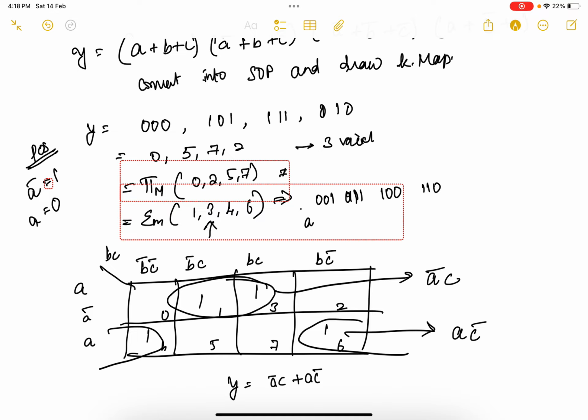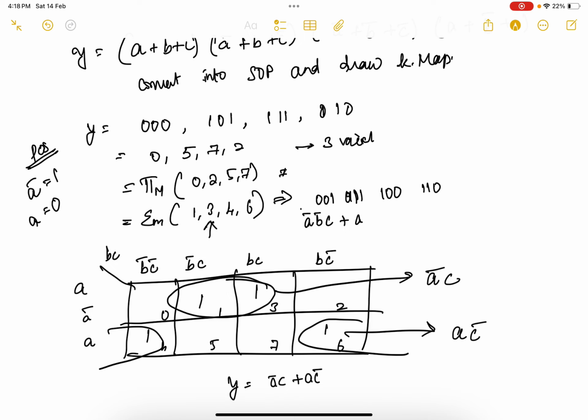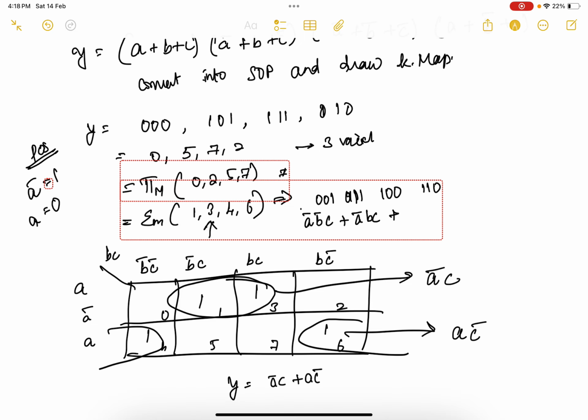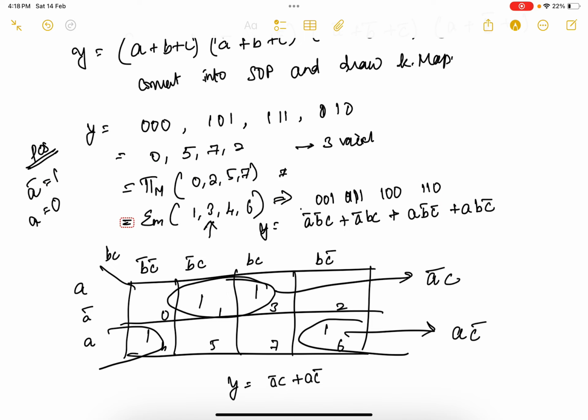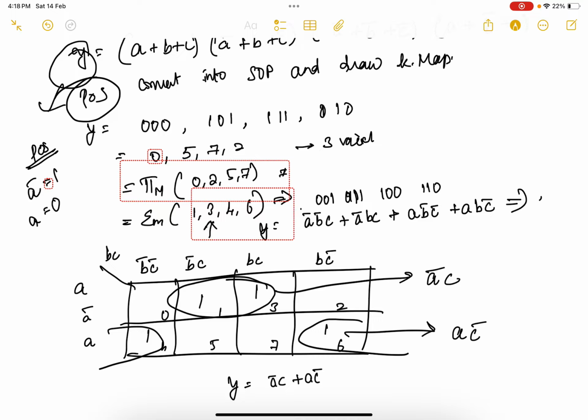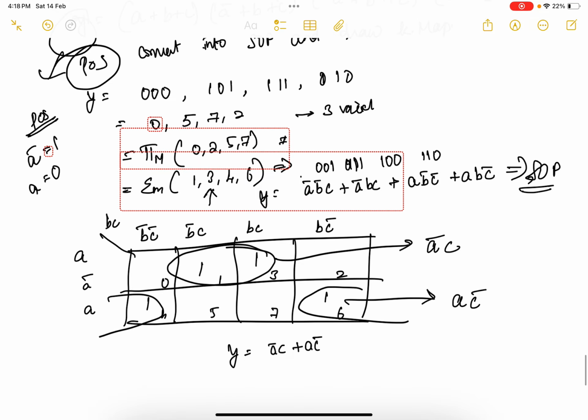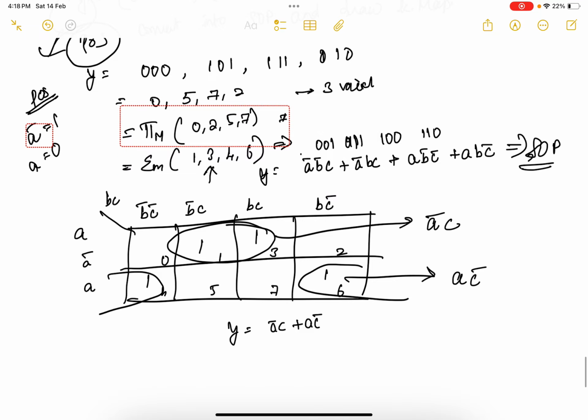So I can write this as A bar B bar C plus A bar B C plus A B bar C bar plus A B C bar. So this is your SOP term, the standard sum of product. So this only we are writing like this, and after simplification we will get an expression like this.